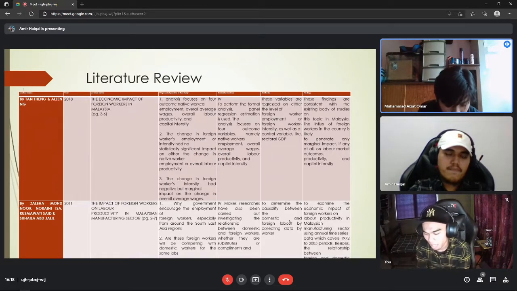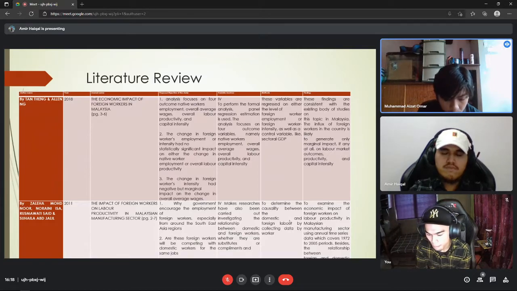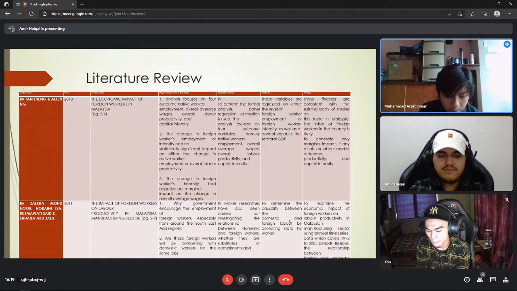Number two is by Zaleha Muhammad Noor, Nur Aini Isa, Rusmawati Said and Suhaila Abdul Jalil, year 2011, the impact of foreign workers on labor productivity in the Malaysian manufacturing sector. The purpose is to examine why the government encourages the employment of foreign workers, especially from around the Southeast Asia region.